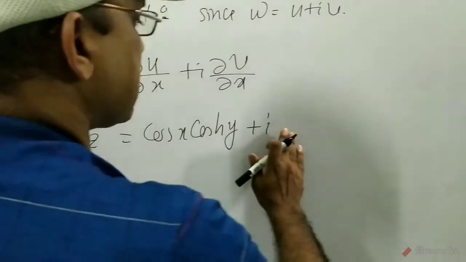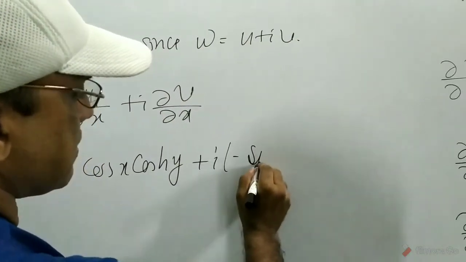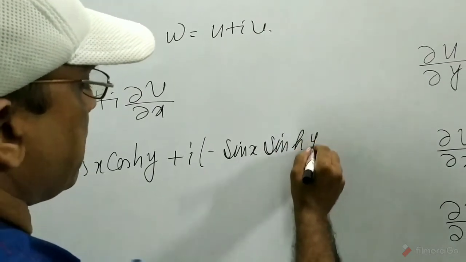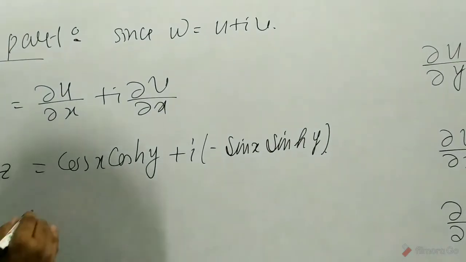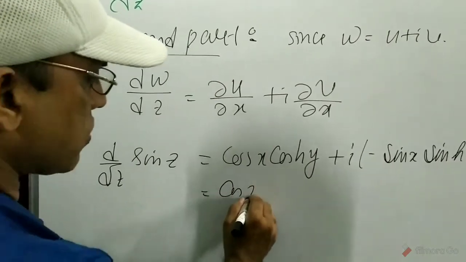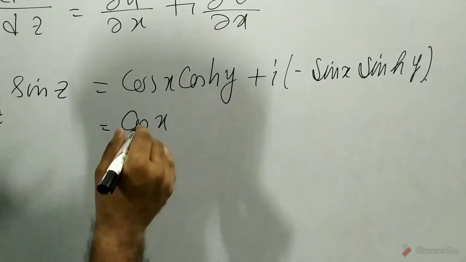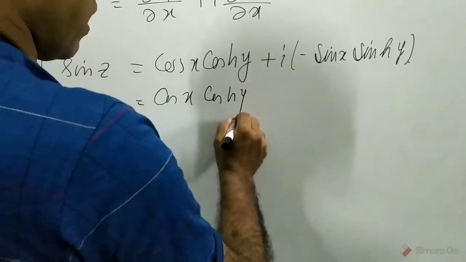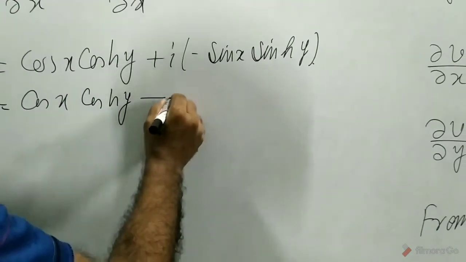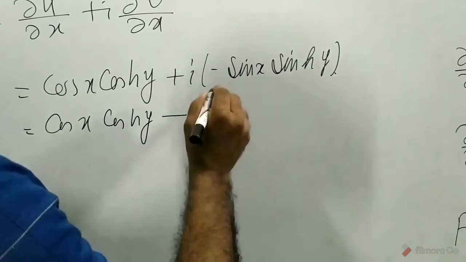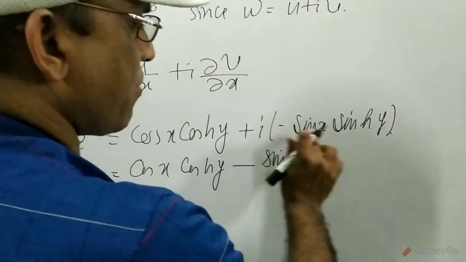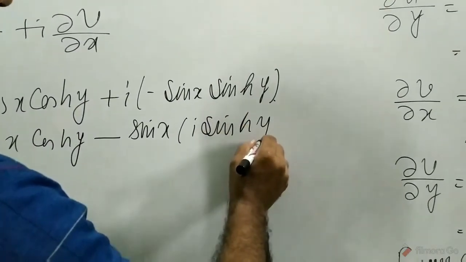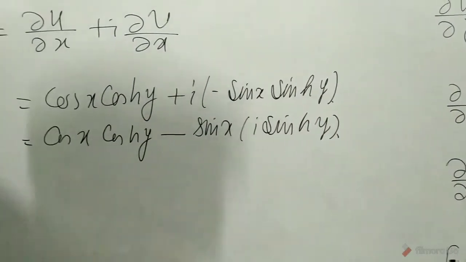So this will be cos x cos hyperbolic y, and this is minus sin x, and this i we write down here, i sin hyperbolic y. We write in this way.